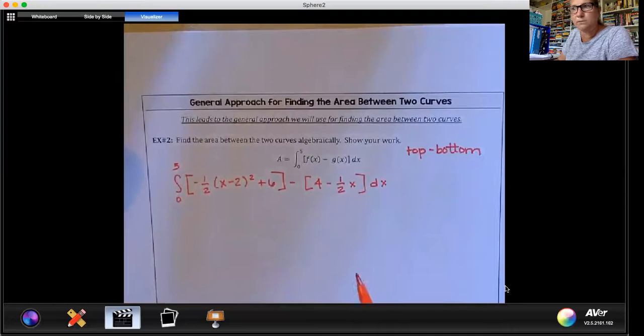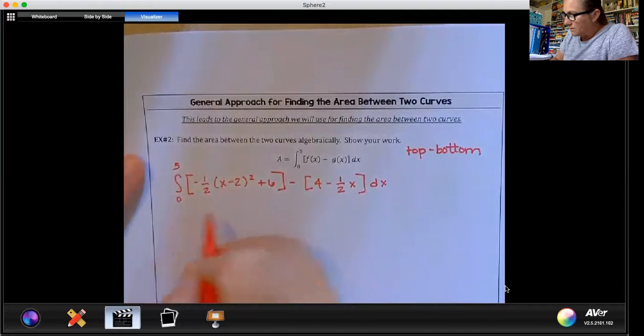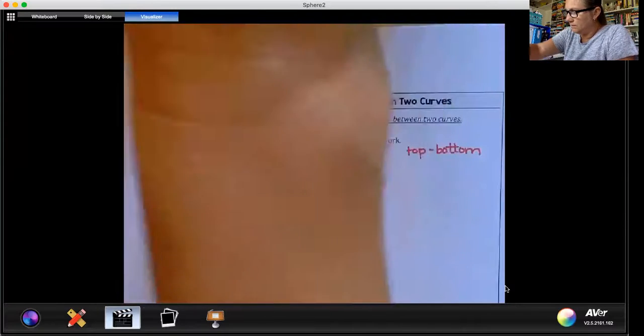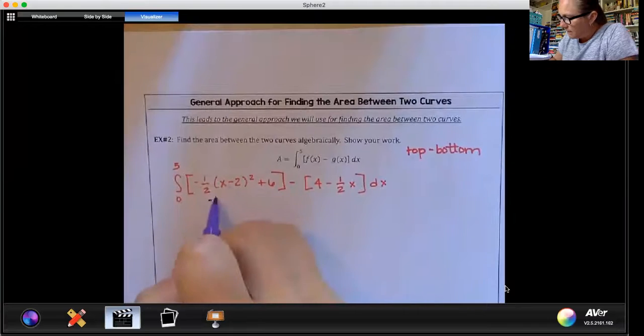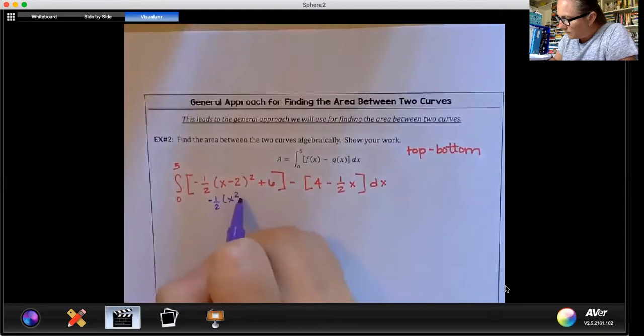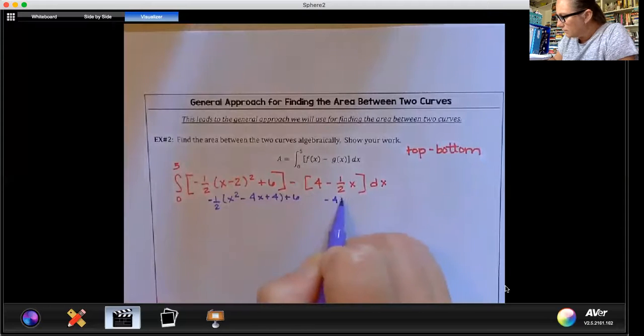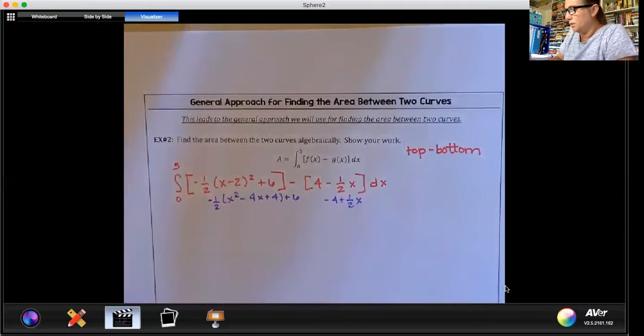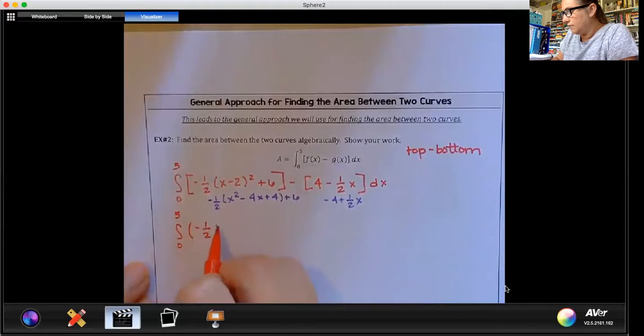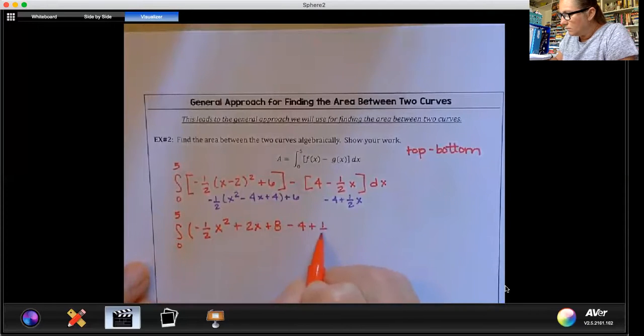We already have found the pieces, but we're going to pretend like we haven't. So this is going to give us negative 1/2 times (x squared minus 4x plus 4) plus 6, and this is minus 4 plus 1/2 x. So we're going to put all that together in one integral from 0 to 5. Negative 1/2 x squared plus 2x plus 2 plus 6 is plus 8, minus 4 plus 1/2 x.